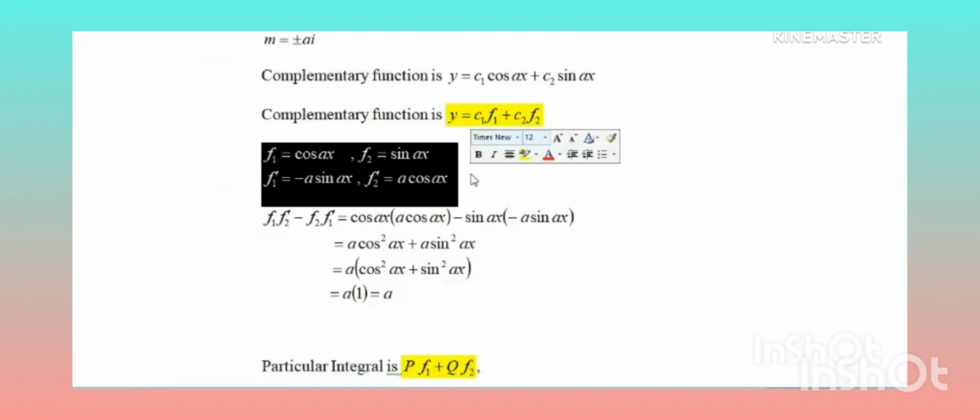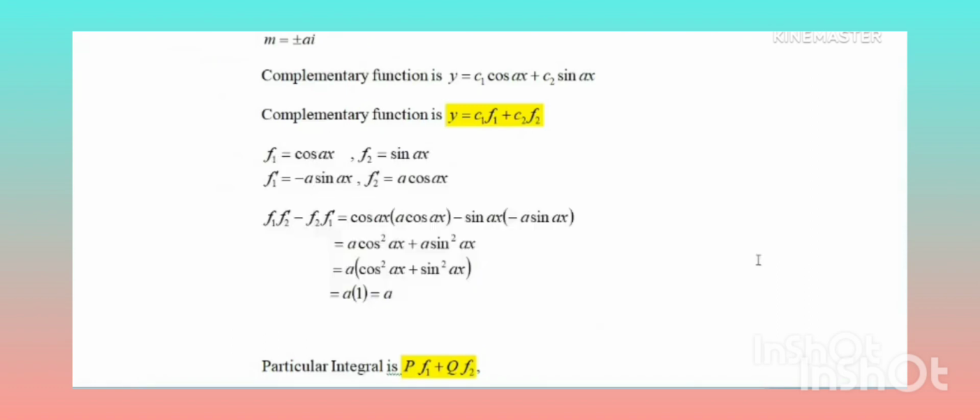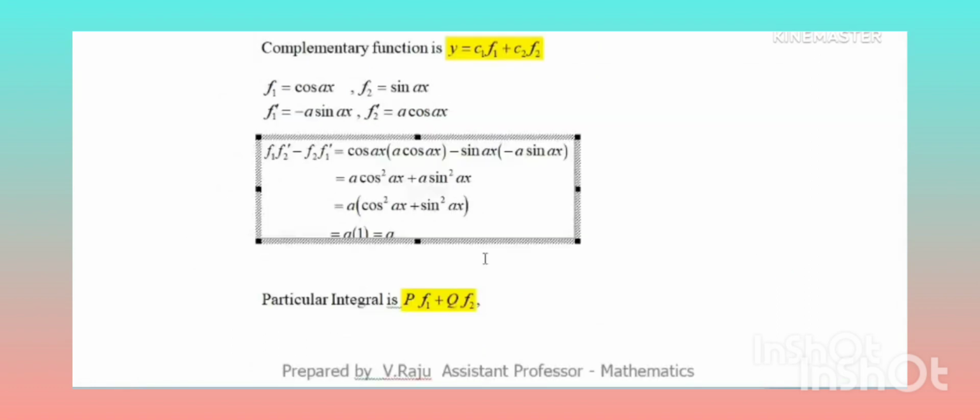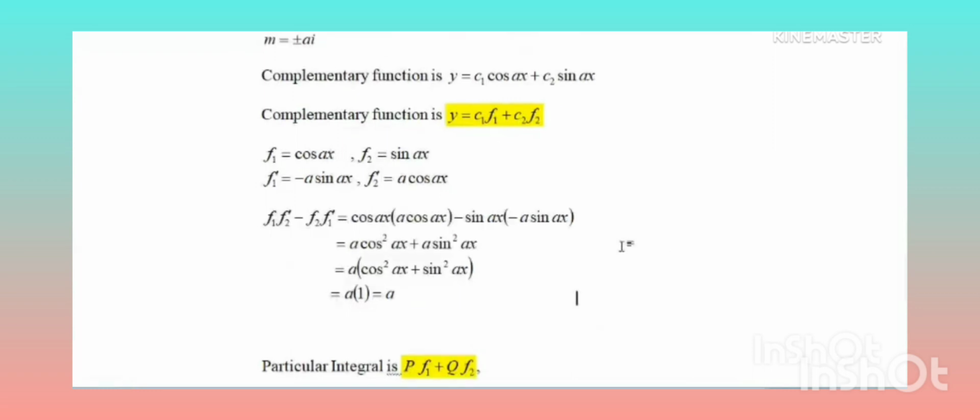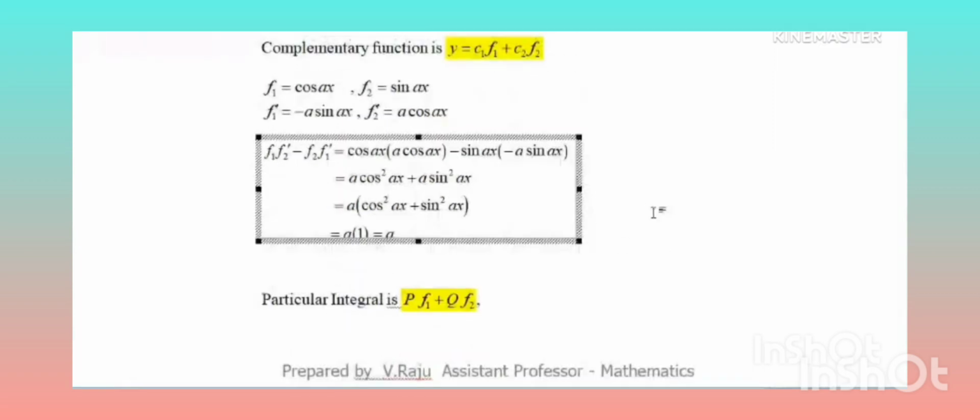Next you have to find the Wronskian, f1 f2 dash minus f2 f1 dash. You have the values of f1, f2, f2 dash and f1 dash, so when you multiply everything, you will get a.